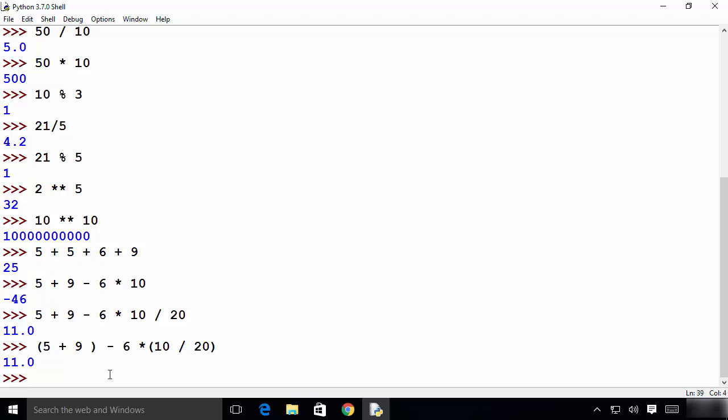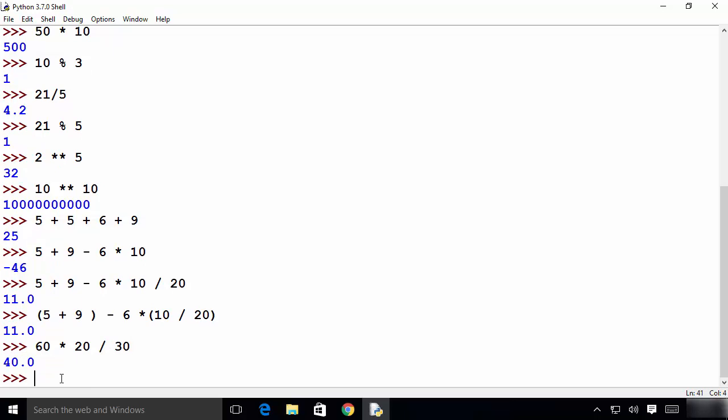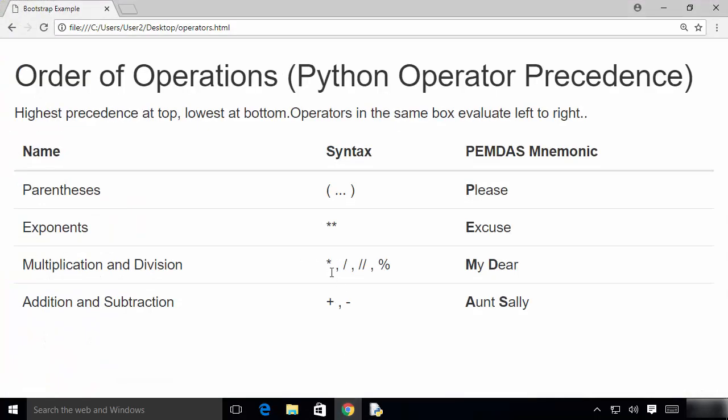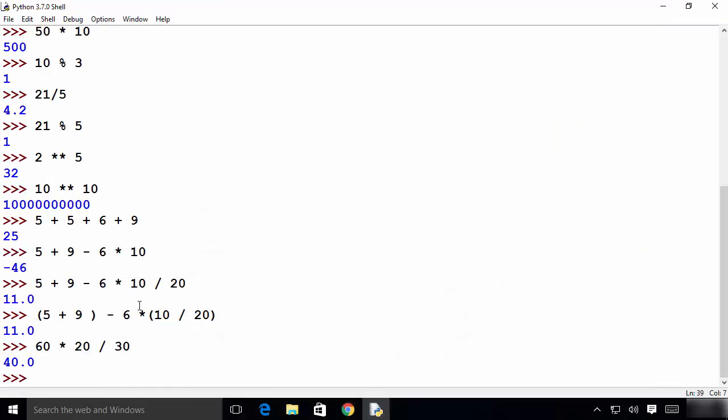Once again, for example, if you use 60 multiplied by 20 divided by 30 and press enter, it will give you 40. But in which order does this calculation happen? First of all, this multiplication will take place, because in the table we have seen that the multiplication and division operators have the same priority, and that's why the priority will be decided from left to right.